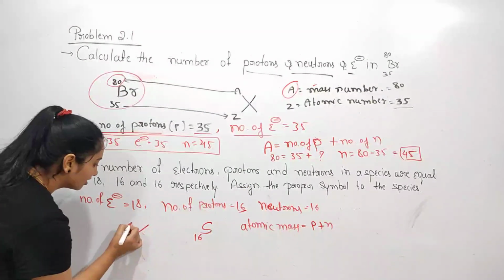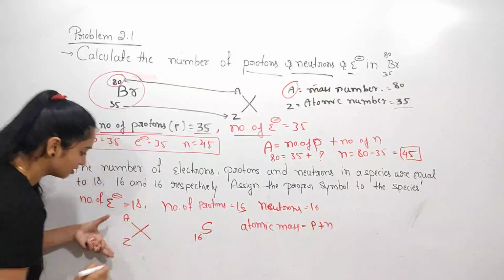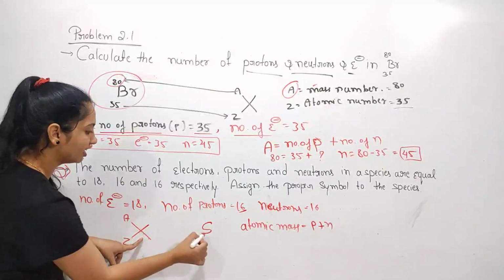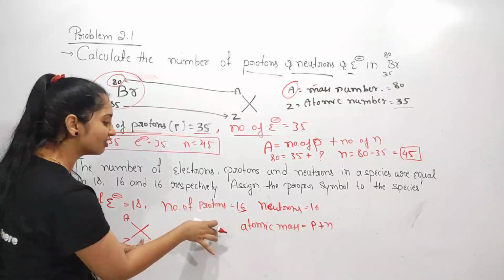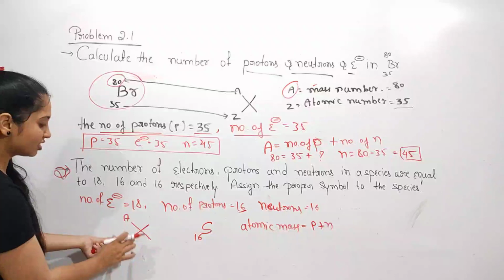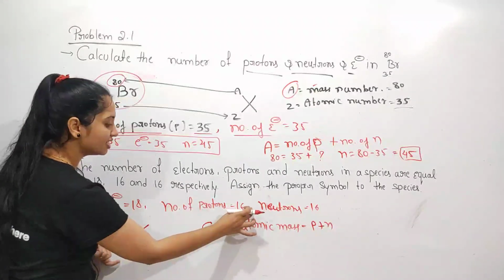So, see here, the easiest method, I wish to write this symbol. At the place of X, we have to find the sulfur, because the atomic number 16 is our sulfur species, and Z is the atomic number. So, the atomic number is equal to the number of protons, that's why the number of protons is 16.